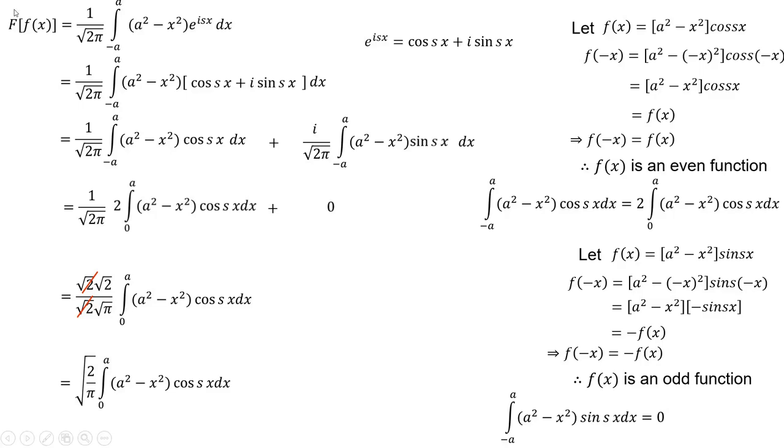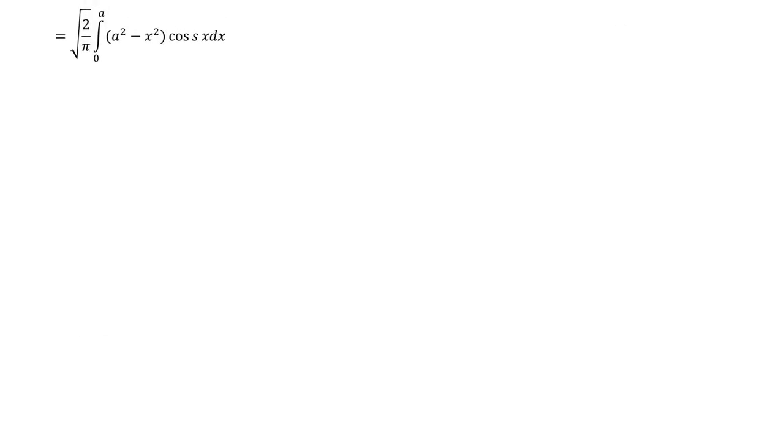Now we have to integrate this integrand. Let us consider the UV method, or Bernoulli method. We know Bernoulli's formula: the integral of uv dx equals u v₁ − u′ v₂ + u″ v₃ − u‴ v₄ + and so on.